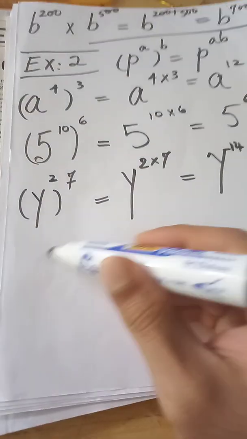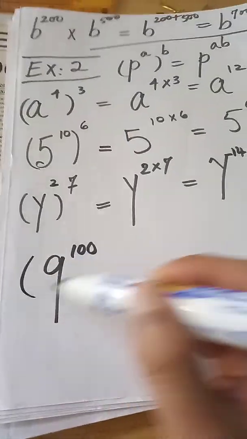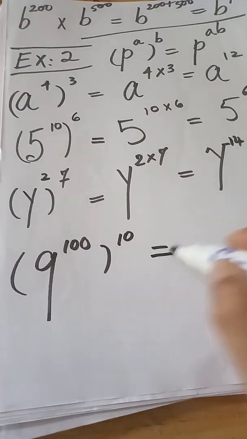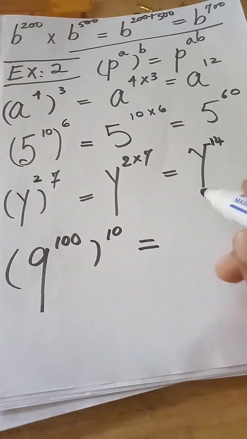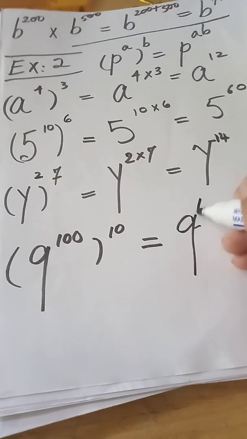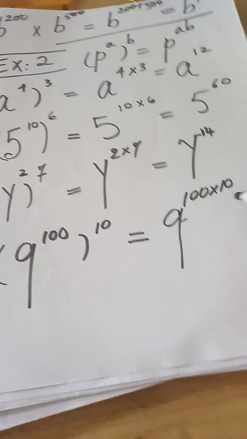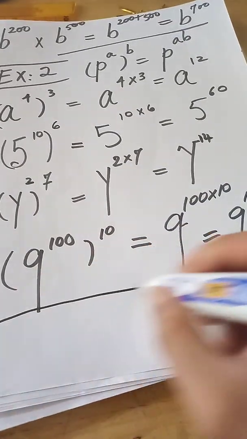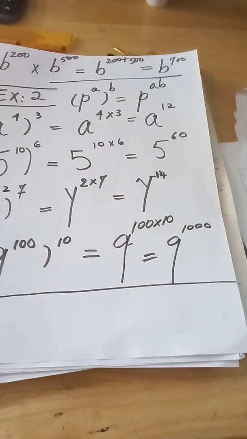And then 9 to the power 100, whole to the power 4, whole to the power 10, and that'll be 9 to the power 100 times 4 times 10, so 9 to the power 4000. There we go. So that's that.